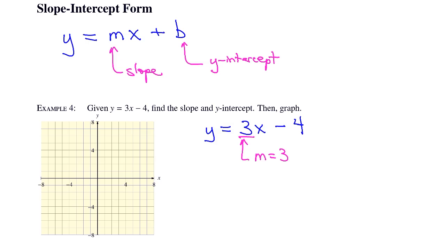And we can read off the y-intercept. The y-intercept is the b, and it's equal to negative 4. Don't forget to use the negative with the negative 4. And remember that slope is just the number in front of the x. It does not include the x itself.